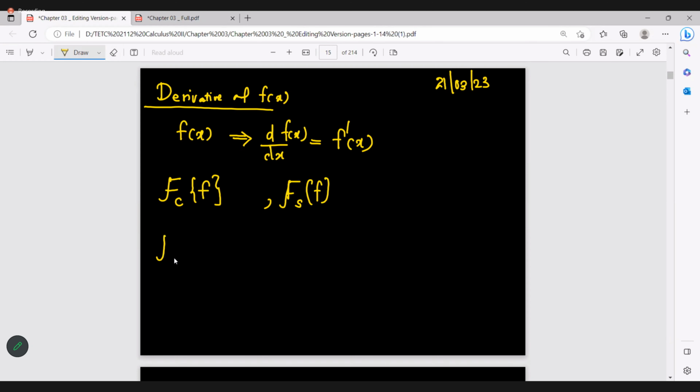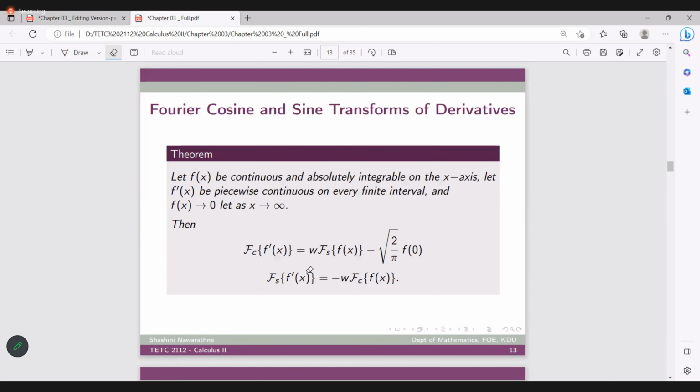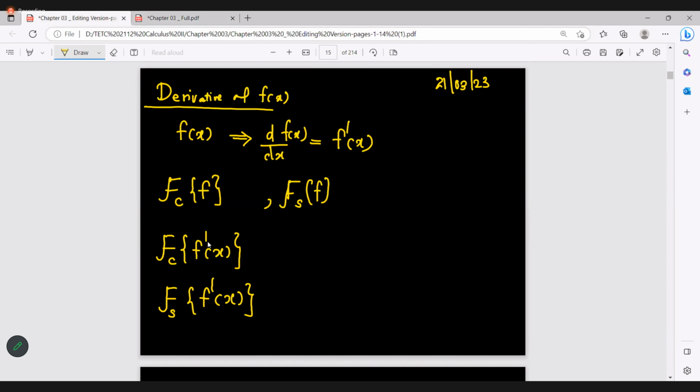Now we are going to obtain an expression for the Fourier cosine transform of f dash x, the derivative of this function, and an expression for the Fourier sine transform of this derivative f dash x. To find these, we can use these two formulas.